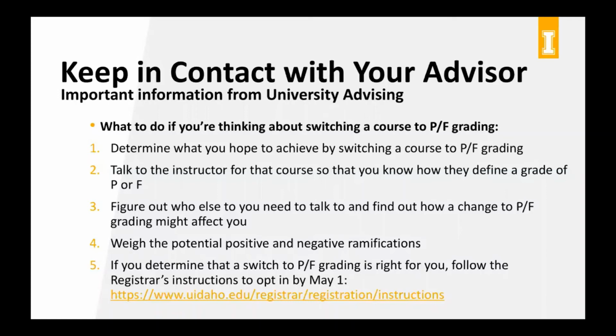And if you've determined that switching to pass-fail is right for you, then you want to follow the registrar's instructions on how to do so by May 1st. And throughout this whole process, it's really important to contact your advisor to keep in the loop with them to learn more about that. They're going to have the best advice because everybody's situation is very different. And it is a really person-to-person choice.